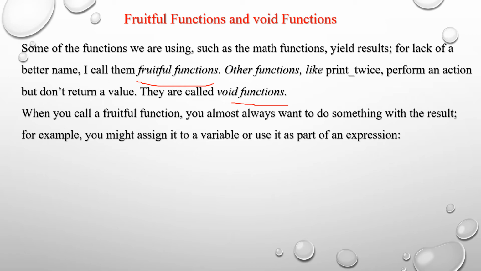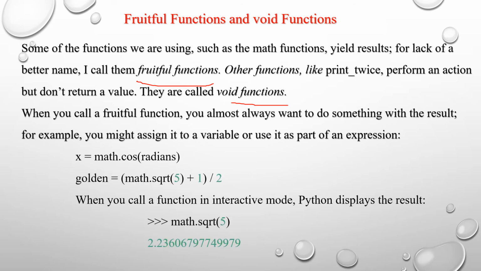When you call a fruitful function, you almost always want to do something with the result. For example, you might assign it to a variable or use it as part of an expression. So for example, here x is equal to math.cos(radians). So it will give the result.